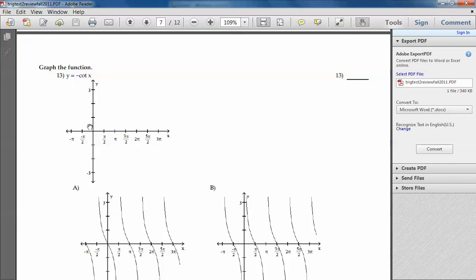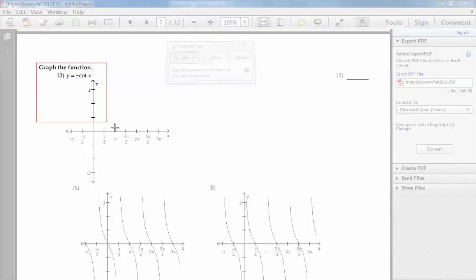If we have a vertical asymptote at 0 and the period is 1 pi, then we're going to have a vertical asymptote again at 1 pi. You say 0 plus 1 pi. Then if you add pi again, another vertical asymptote at 2 pi, and another at 3 pi. Okay, and so you know those are places where we will have vertical asymptotes.